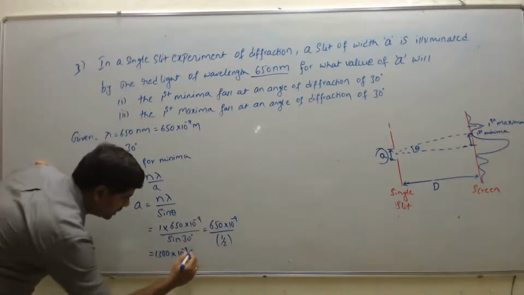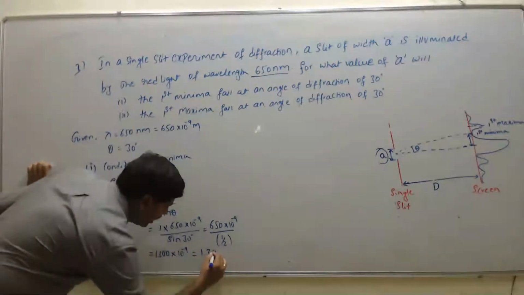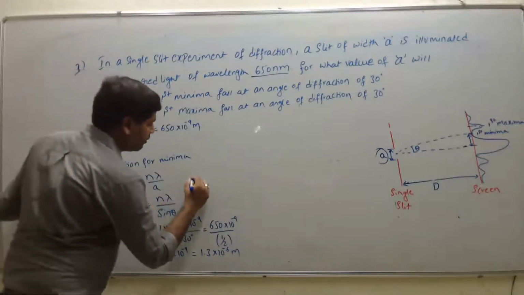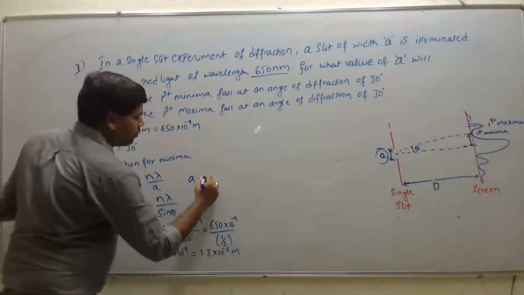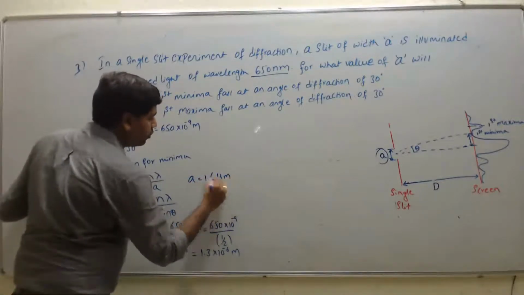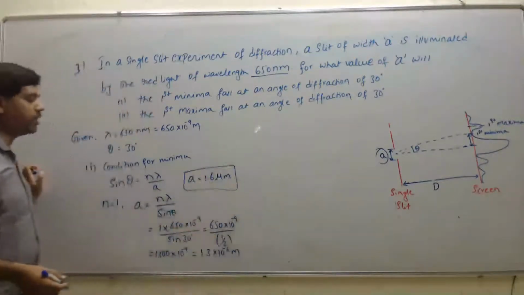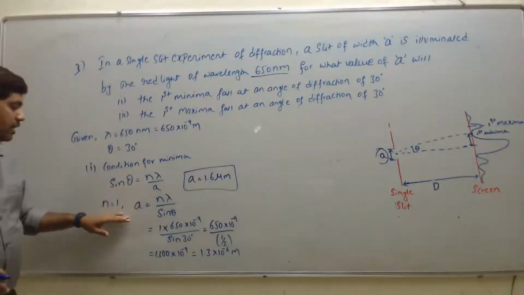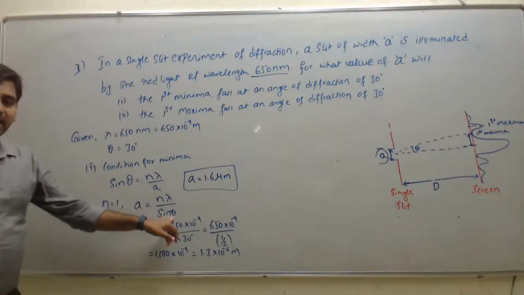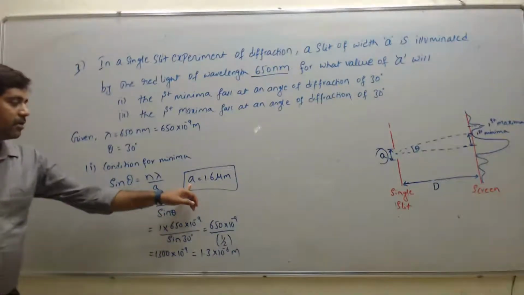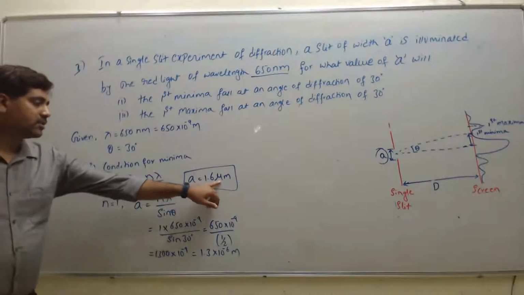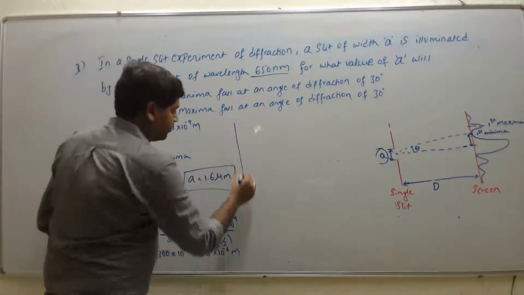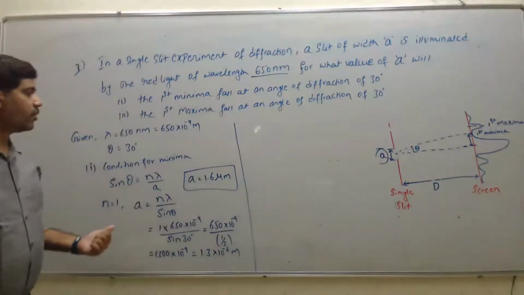If we shift 3 digits, it becomes 1.3 into 10 to the power of minus 6 meter. Or we can write A is equal to 1.3 micrometer. So this is the slit width for the first condition. For first minimum, n is equal to 1, then they gave the angle theta. From that we can find the value of A, that is 1.3 micro, meaning 10 to the power of minus 6 meters.